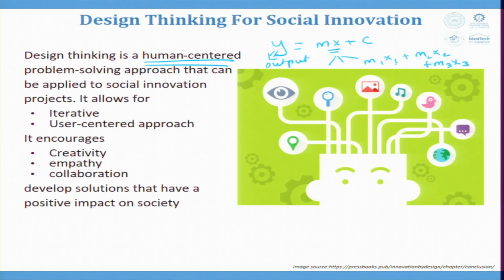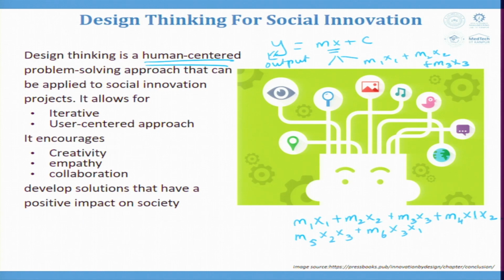Now, when I start solving the problem of x, you will see there will be a new dimension: m1 x1 plus m2 x2 plus m3 x3 plus m4 x1 x2, then m5 x2 x3 and m6 x3 x1.